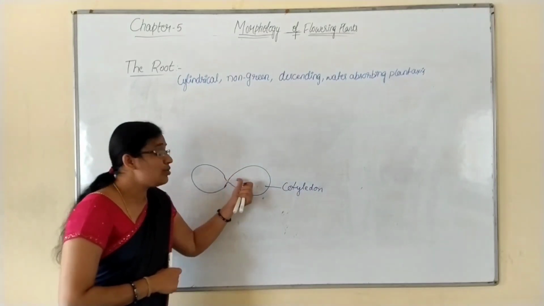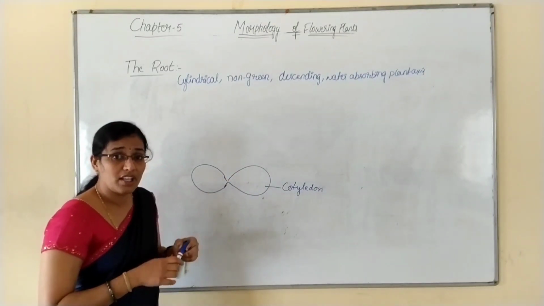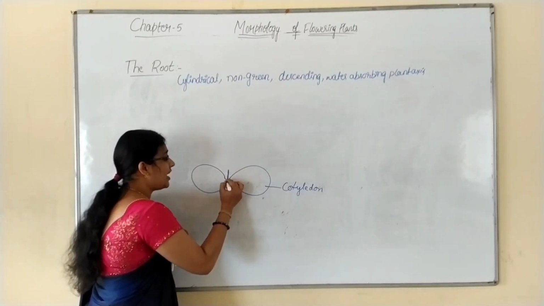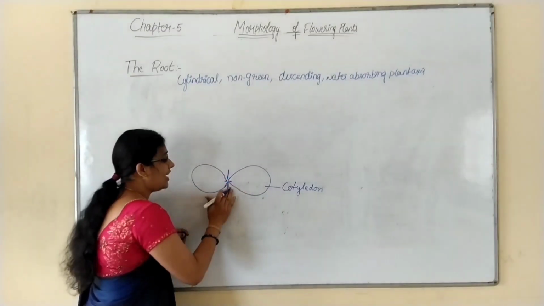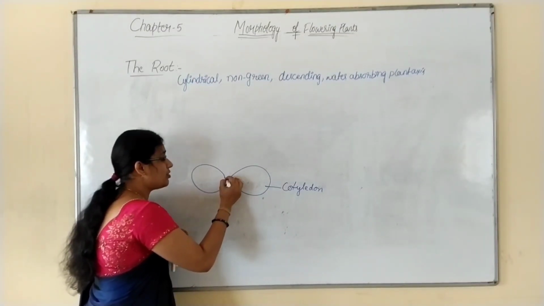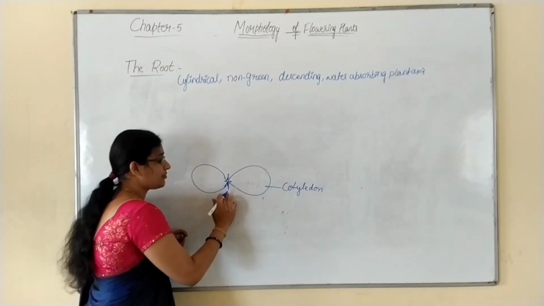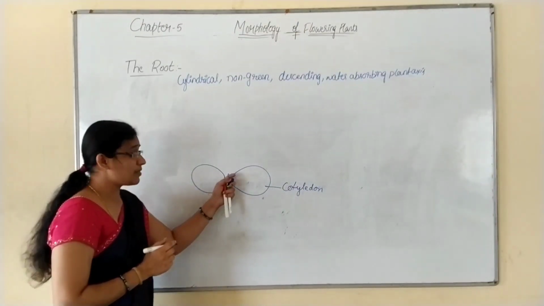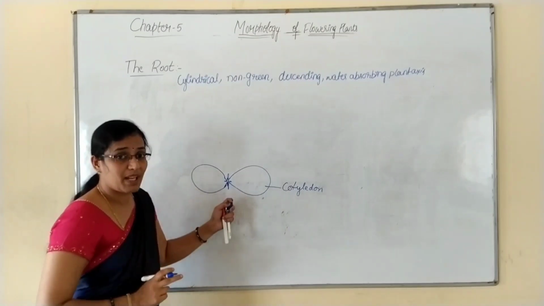And these two cotyledons are held by a narrow structure here. It will be holding these two cotyledons together. This narrow structure will be very narrow, but here I am writing it a little big to make you people understand.